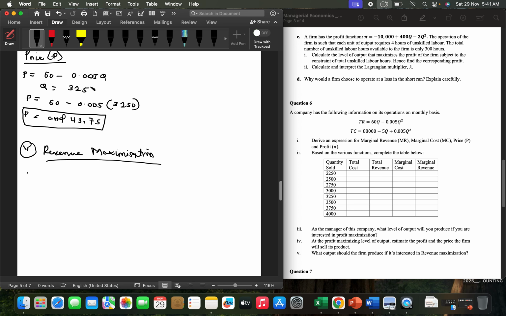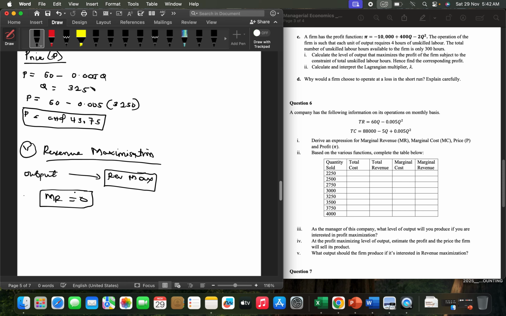So we are finding output at revenue maximization. For revenue maximization, the marginal revenue must be equated to zero.